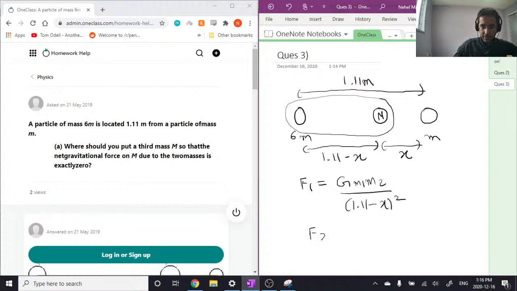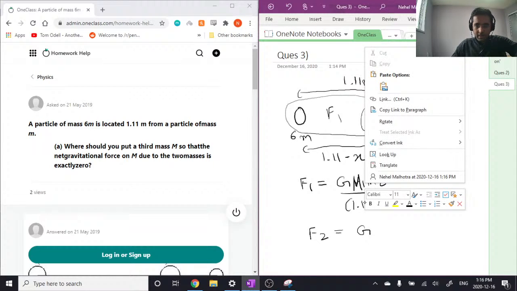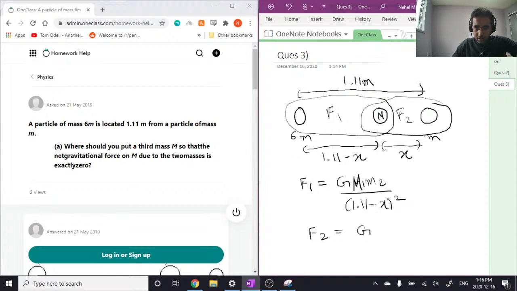And then F2, which is for the other pair. Let me label this F1, so F2 would be equal to G times capital M times M1 over the distance squared, which is just x squared in this case.